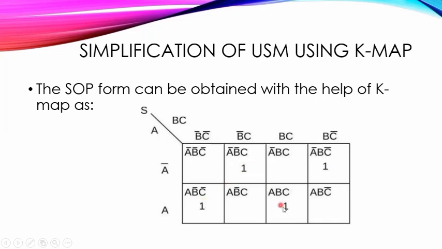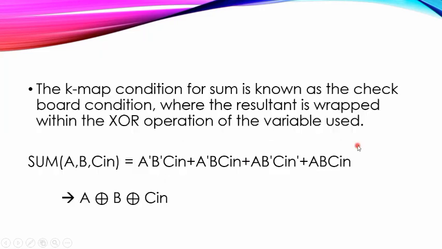So when it is in that form, we will be calling it as checkerboard condition. If that type of sum is having wherein we will not be able to have a pair, it is called as checkerboard condition. So if it is in this form, we will be directly wrapping this resultant in the form of XOR operations of the variable used.